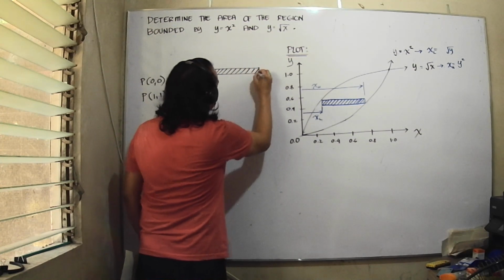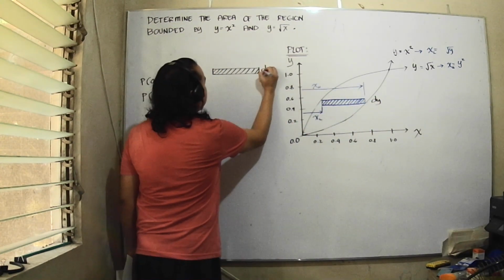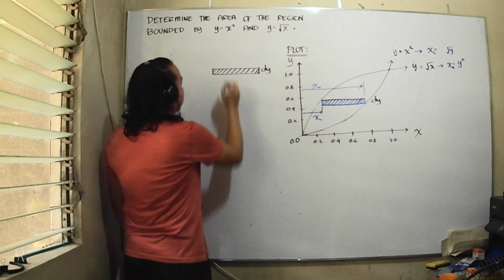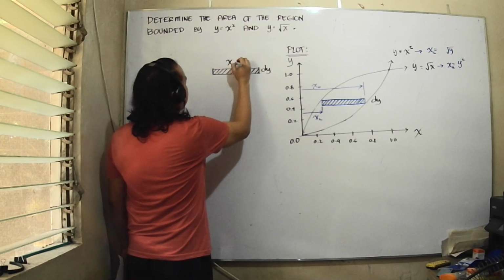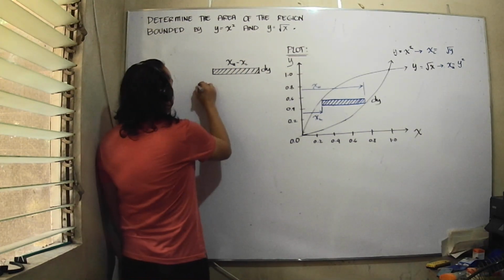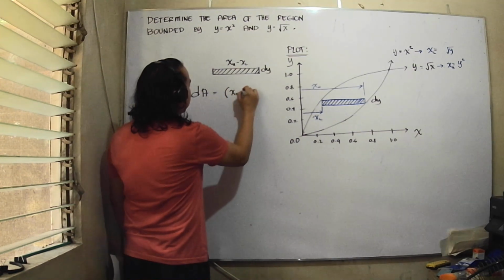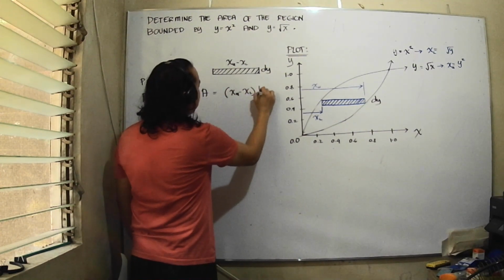By the way, our differential here is dy, and this is just x upper minus x lower. Differential area is equal to x upper minus x lower dy.